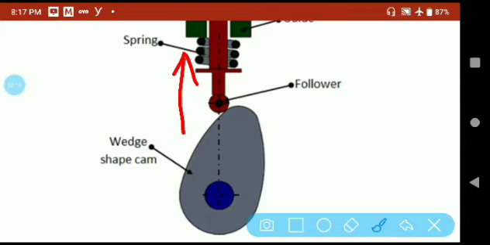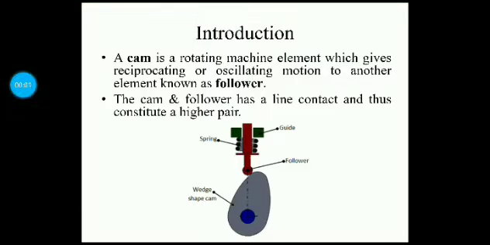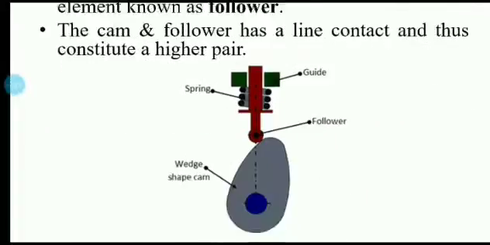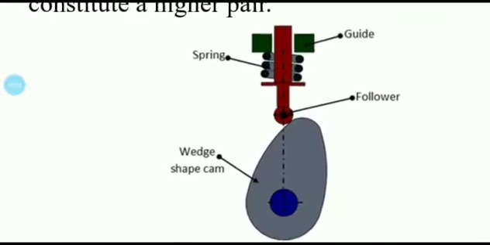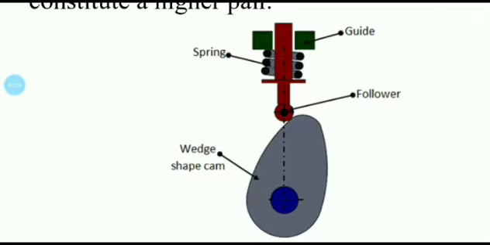Also in a cam and follower, the rotational motion of the cam is converted to the reciprocatory motion of the follower. The cam is connected to the shaft, so the rotational motion of the shaft is transmitted to the cam, and thereby the conversion of the motion takes place from rotational motion to reciprocatory motion.